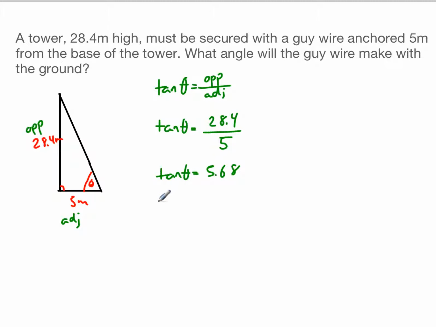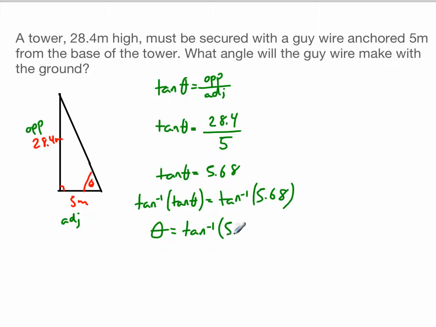We're solving for theta, which means we need to do the opposite of tan, so arctan. Whatever we do to one side, we have to do to the other. Boom. We're left with theta on one side, and we're one step away from our answer on the other. Plug this into our calculator, and we find that our answer is 80.02 degrees.